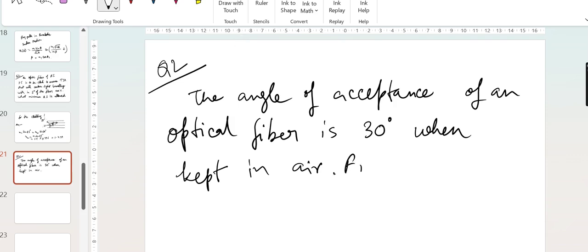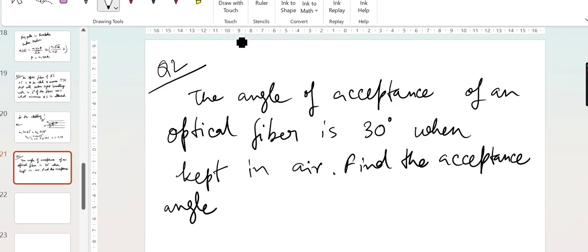Find the acceptance angle when the same fiber is immersed in water of 1.33.